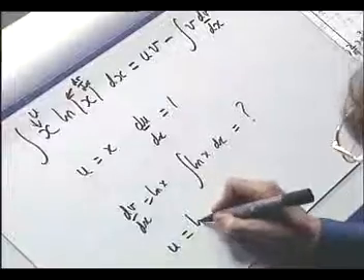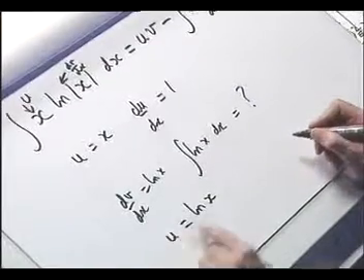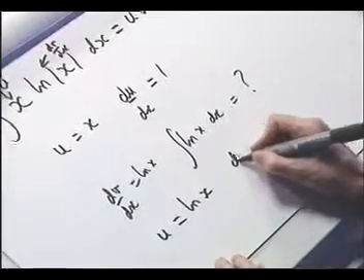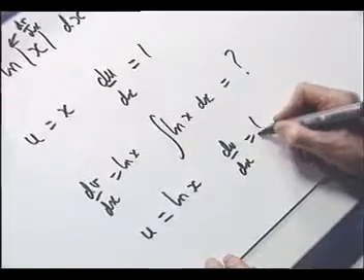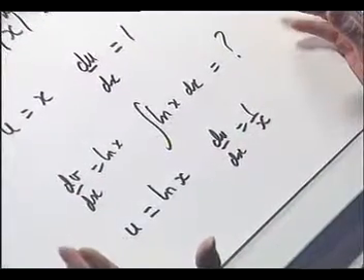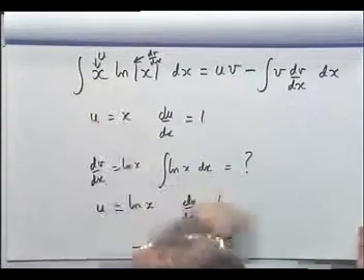But we do know how to differentiate the log of x. If we were to change our minds and do u equals log of x, then du by dx would be 1 over x. So here, the choice is made by which of the functions we can actually integrate and differentiate. We can't integrate log of x, but we can differentiate it. And that means that our choice has to be u is log of x.